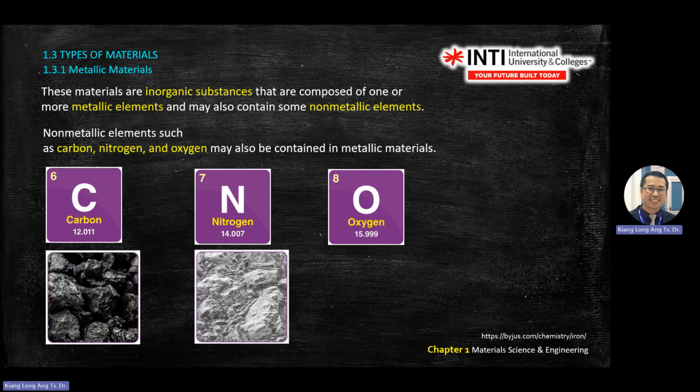So just now I introduced to you the 5 popular members of metallic elements, and another group is non-metallic elements. These 5 plus these 3 can be combined with each other to become something else. They become composite, ceramic, and so on. Okay.